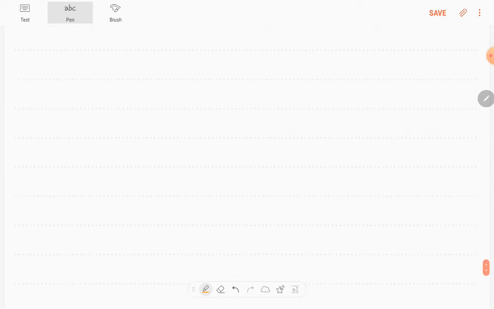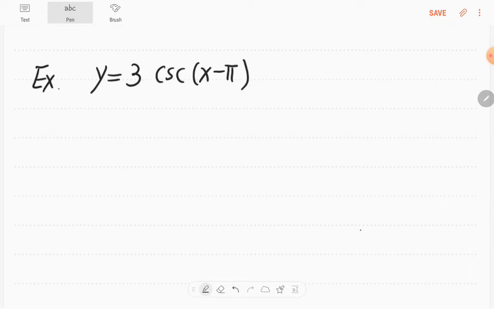So let's look at one example. We want to graph 3 cosecant of x minus pi. In order to draw this graph, we need to draw the graph for 3 sine of x minus pi.